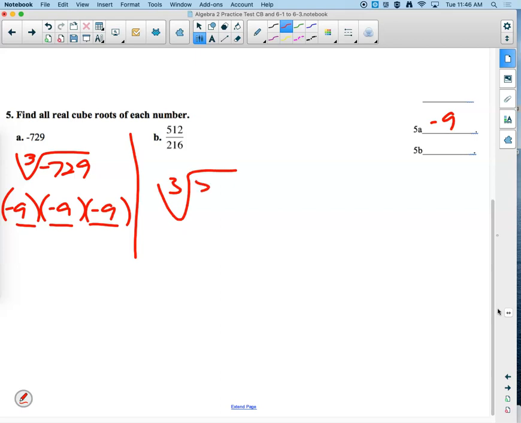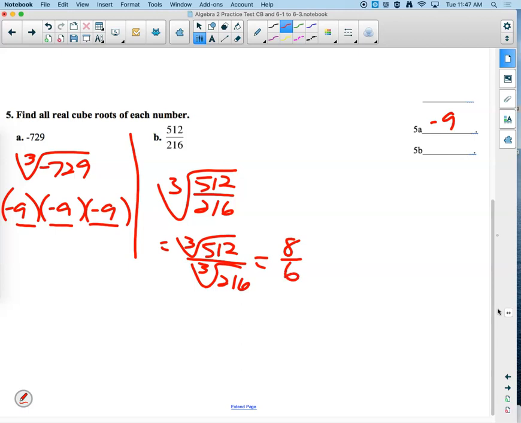Cube root of 512 over 216. Yuck. Wouldn't want to think of it that way, right? Let's split it up. Cube root of 512: 8. Okay, cube root of 216. But wait a second. We could reduce that.